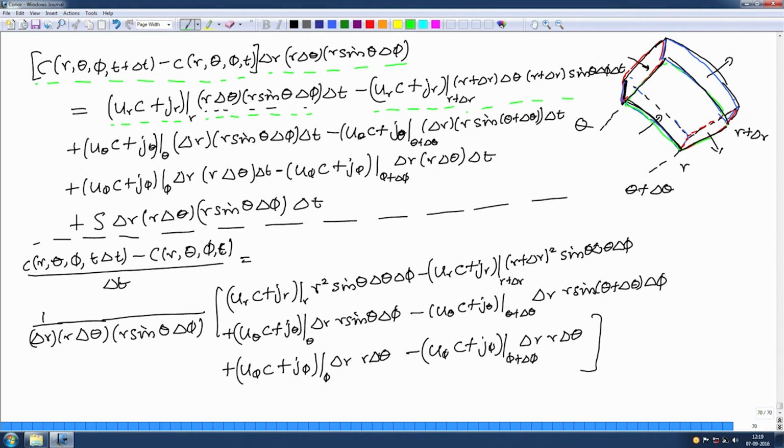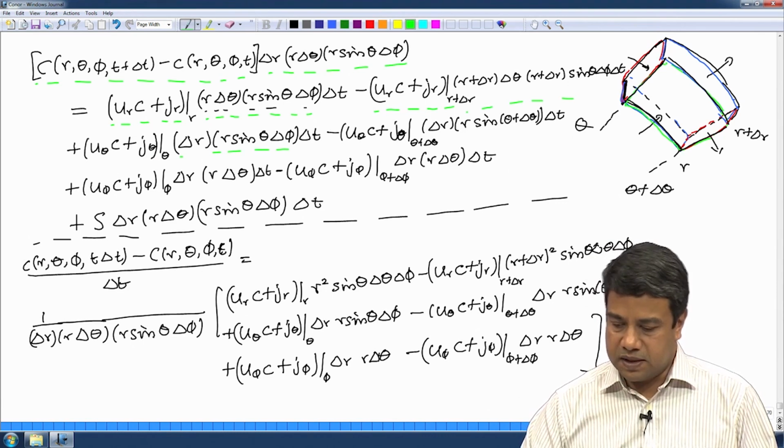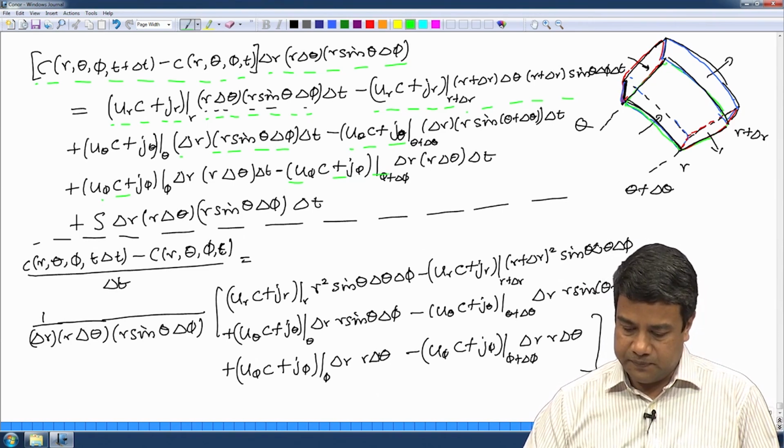All of these have to be multiplied by delta t to get the change in mass. Similarly, in the theta direction, at theta the flux has to be multiplied by the surface area, the distance in the r direction times the distance in the phi direction, and similarly at theta plus delta theta, and similarly at phi and phi plus delta phi.